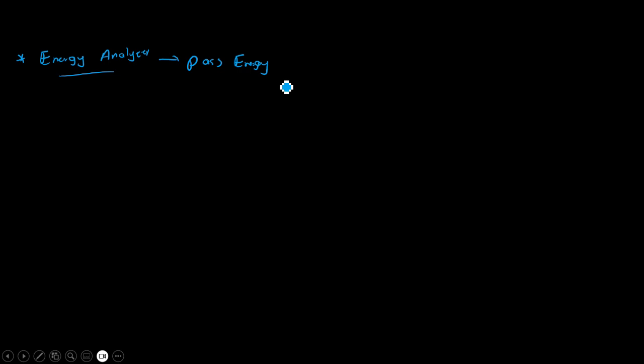And then our instrument has a part called the energy analyzer. What this part is doing is it will catch the emitting electrons and analyze them to give you the binding energy. So you will have the term called pass energy, which means that we can determine what is the window that we are looking for.